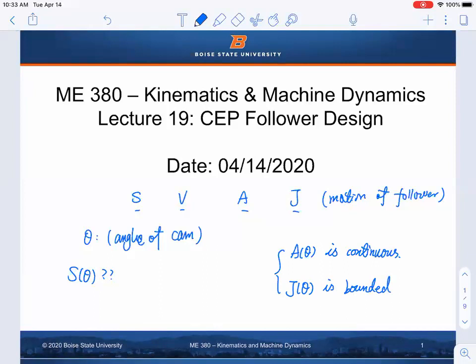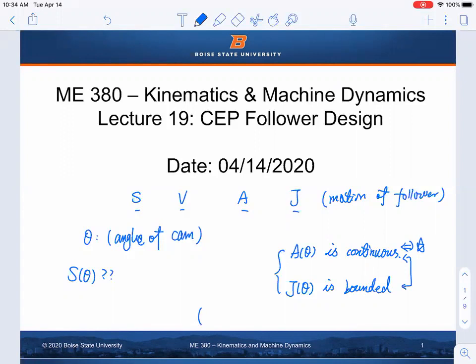When we say it's bounded, that means you can find two limits that enclose your J(theta) values. So there are no infinite values in your J(theta) plot. We already mentioned that these two conditions are equivalent. If one of them is satisfied, then the other is automatically satisfied. So usually we only focus on the first one. We want to make sure your acceleration diagram is continuous. That's the really strict requirement.